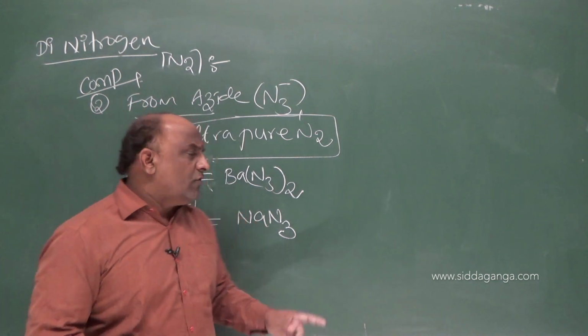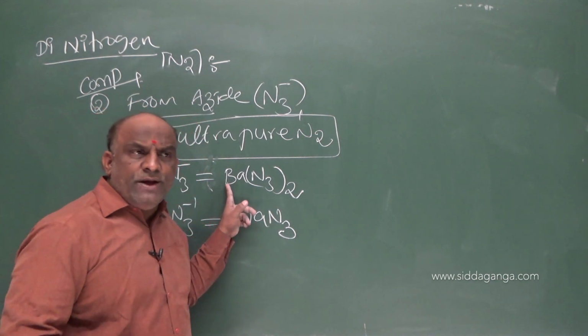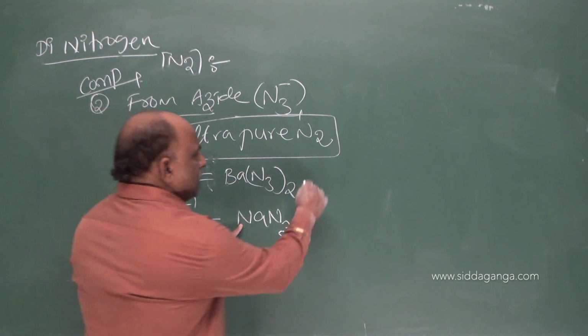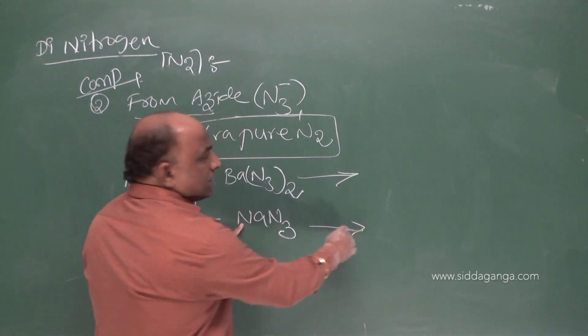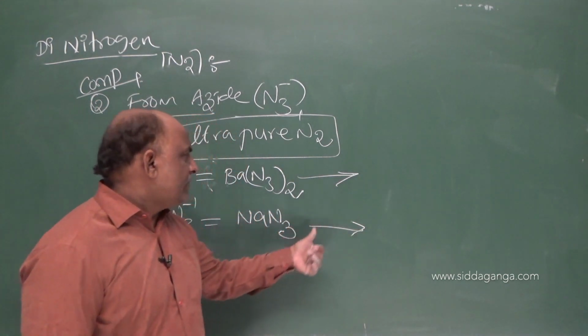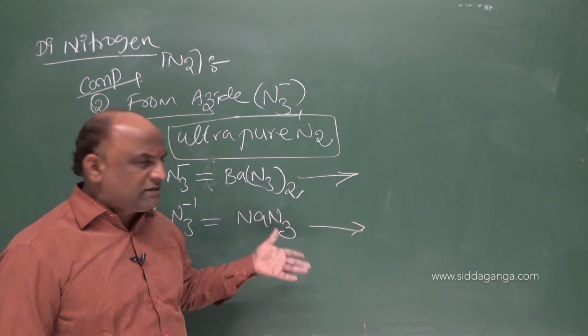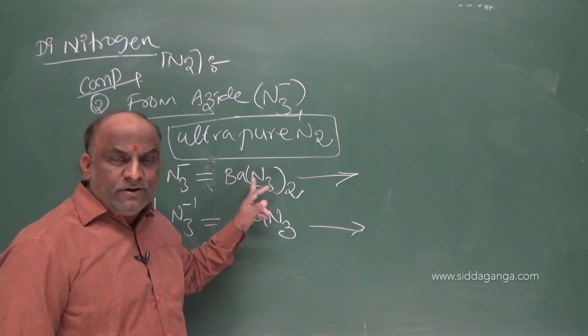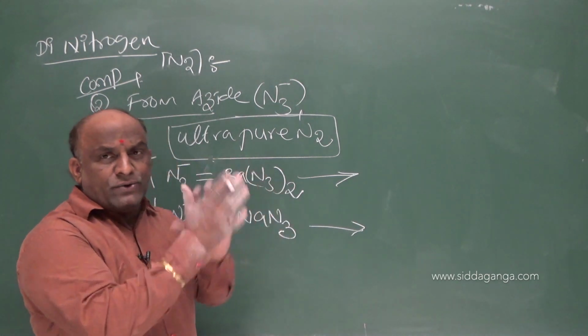Thermal decomposition of barium azide, thermal decomposition of sodium azide. In the previous thermal decomposition, our target was removal of water. In this type of thermal decomposition, you should remove gases. What gas is formed here? From N3 you should separate N2 gas.